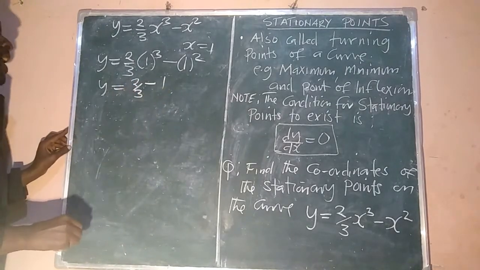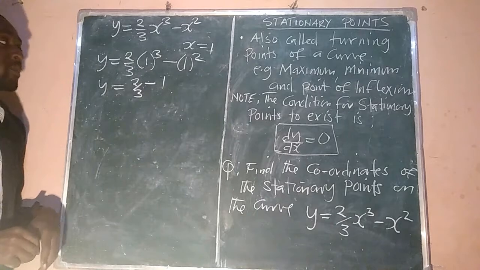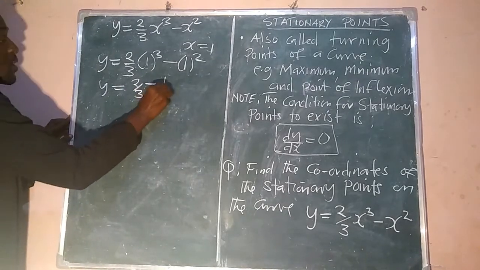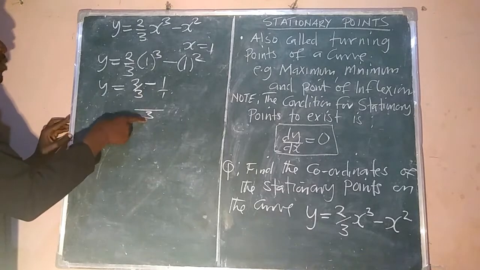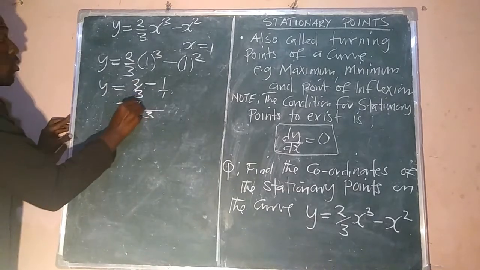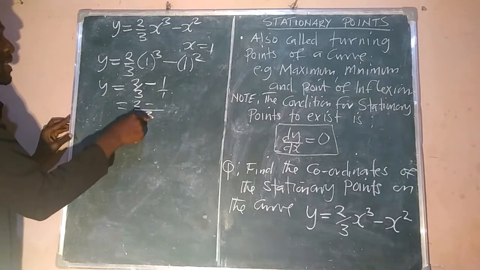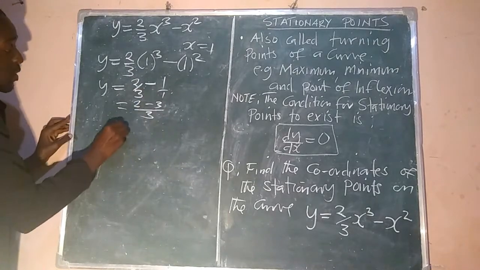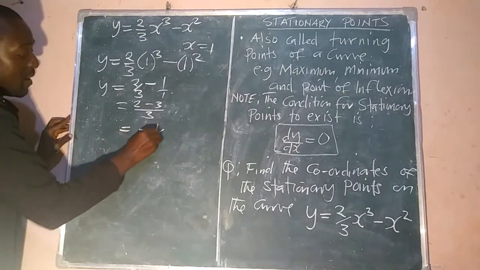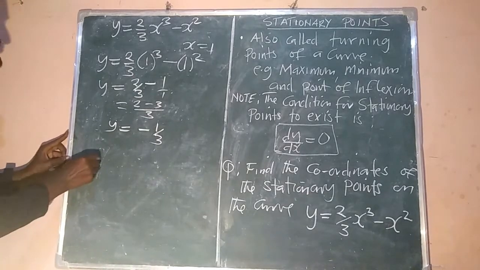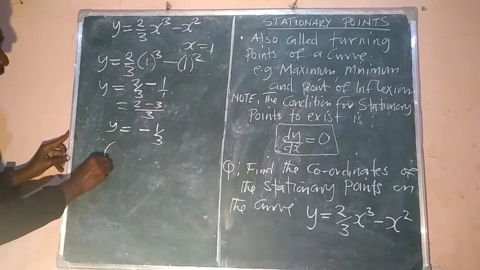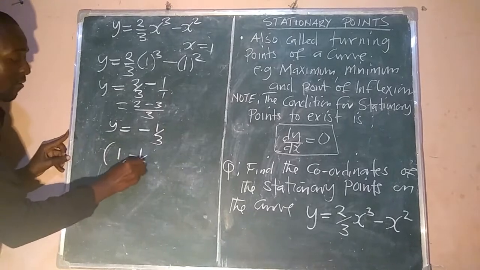minus 1. And then here you can find the common denominators and evaluate this. So the common denominator is 3. 3 into 3 is 1, times 2 you have 2. 1 into 3 is 3, 3 times 1 is 3. And so this is going to give us negative 1/3 as our y. And so therefore, our next stationary point here is (1, -1/3).